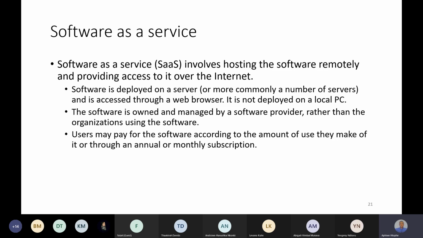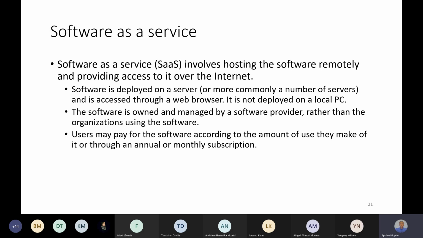Okay, so software as a service involves hosting the software remotely and providing access to it over the internet. Software is deployed on a server and is accessed through a web browser. It is not deployed on a local PC. The software is owned and managed by a service provider rather than by the organizations using it.